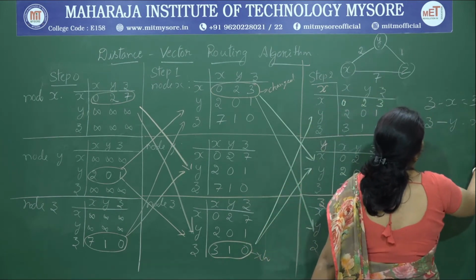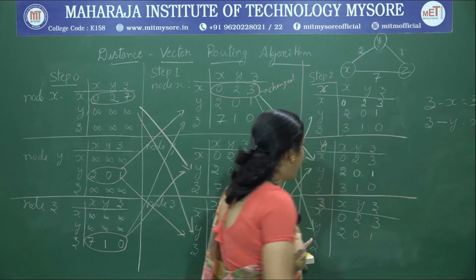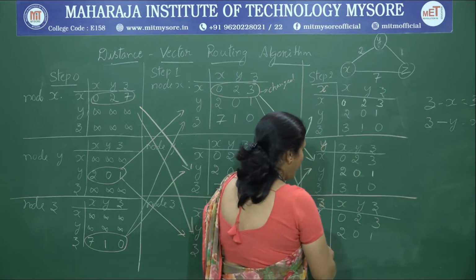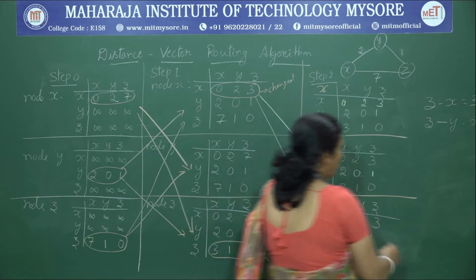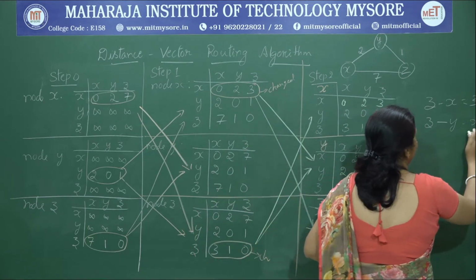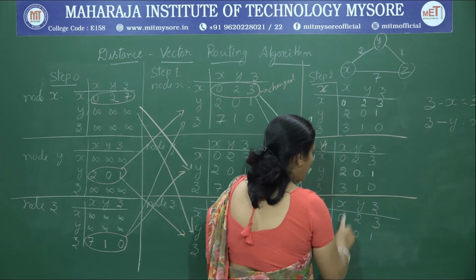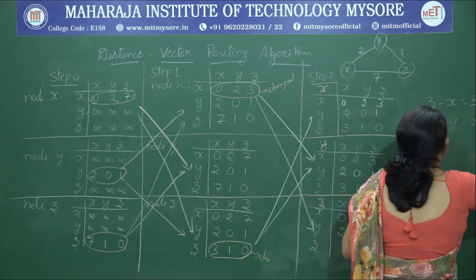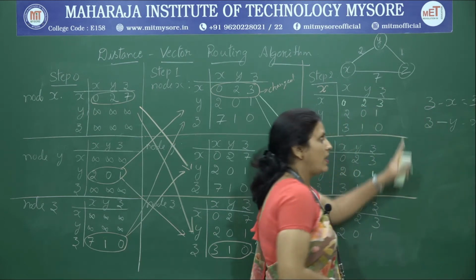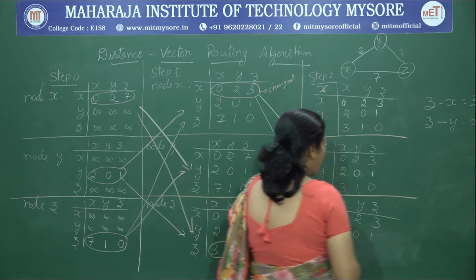So, what is the value from z to y? From z to y, that is 1. From y to x, it is 2, that is 3. So, the value of z to x never changed.